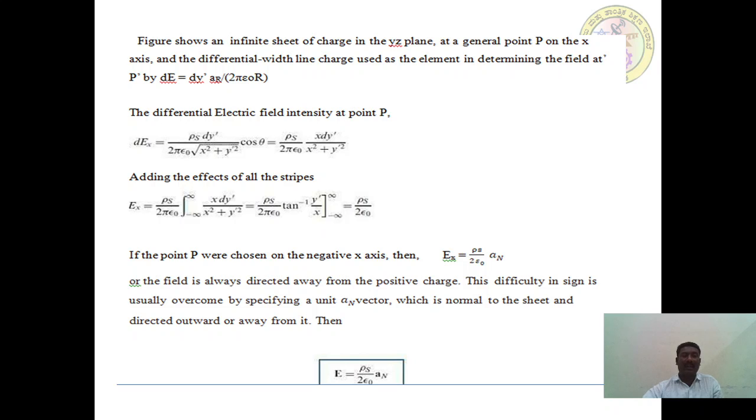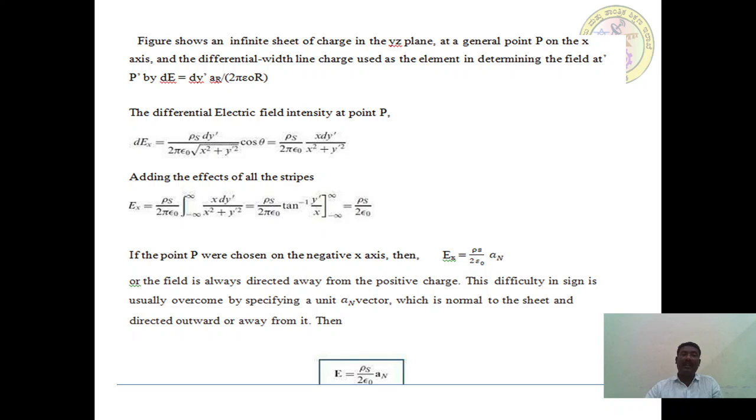In very simple terms, dE is nothing but the addition of dE1, dE2, up to n number of contributions. Here, instead of n number of point charges, you have n number of strips.